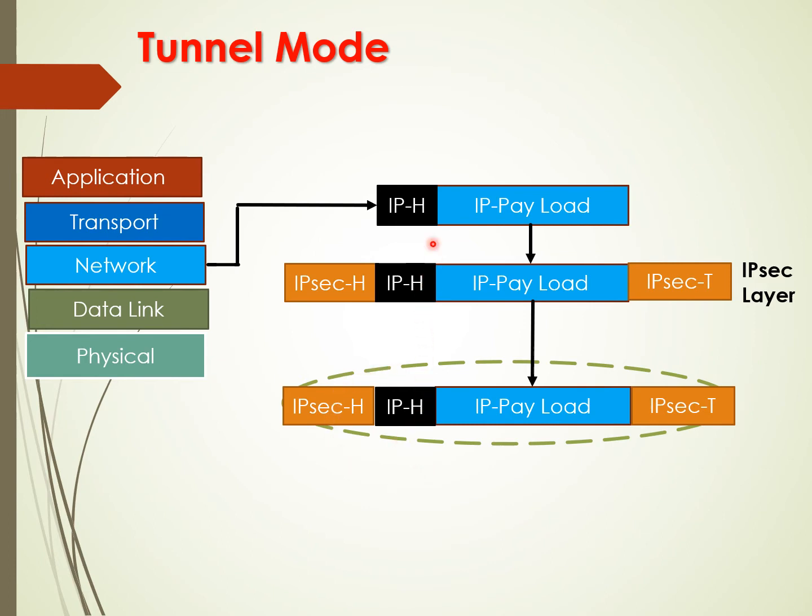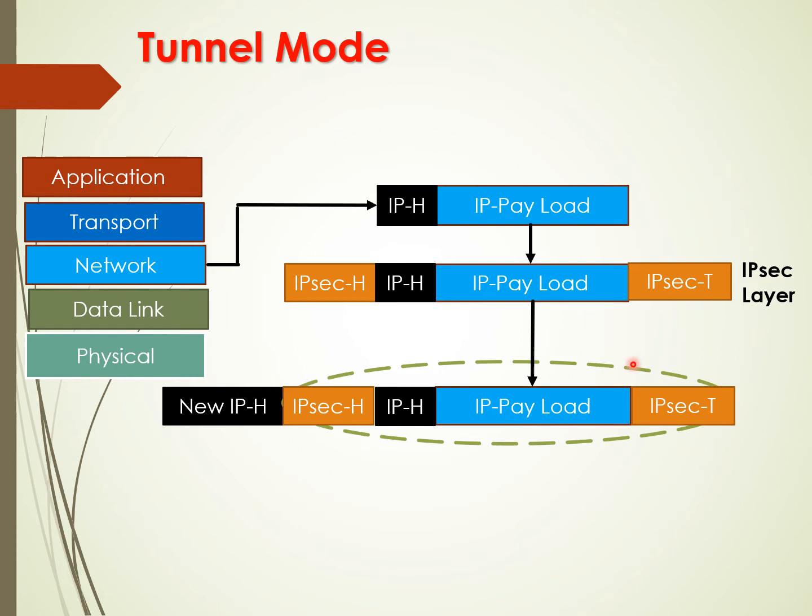So what exactly the tunnel mode does here: the whole packet is considered as the inner packet, and it provides security for the inner packet, which has both the payload as well as the original IP header. This is what is encapsulated or encrypted.